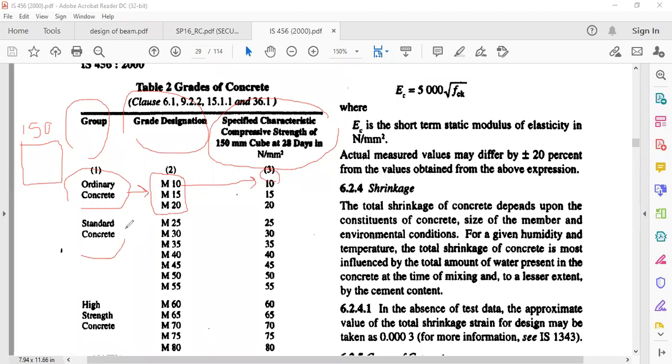Similar to that, there is standard concrete. M25 to M55, if you are using, then the strength varies from 25 to 55. That is called the characteristic compressive strength in terms of standard concrete.